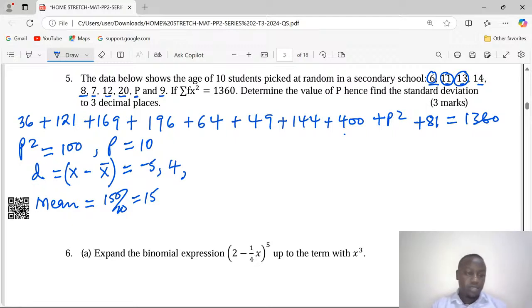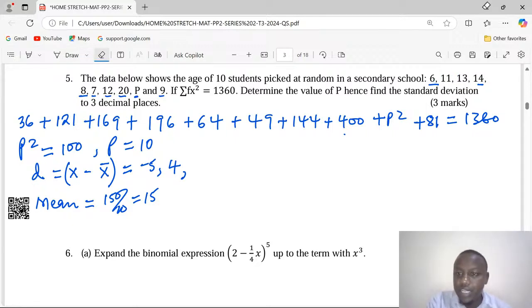Wait, this thing has to be computed correctly. Sorry for that. We are just getting the exact thing. Just a minute. I have to take 6 plus 11 plus 13 plus 14 plus 8 plus 7 plus 12 once again plus 20.